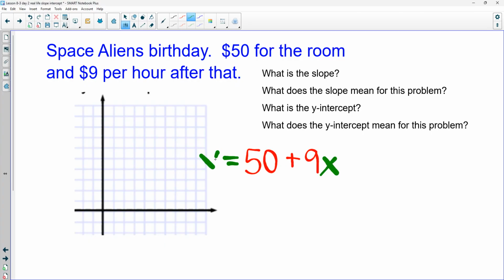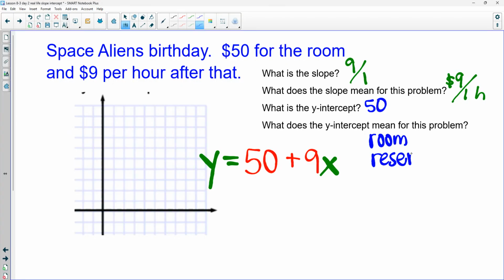And he always has the y equals in front, which makes the slope 9 over 1, referring to $9 for 1 hour, which makes the y-intercept 50, referring to, what should we call this? Room reservation? The room is saved for you for $50.